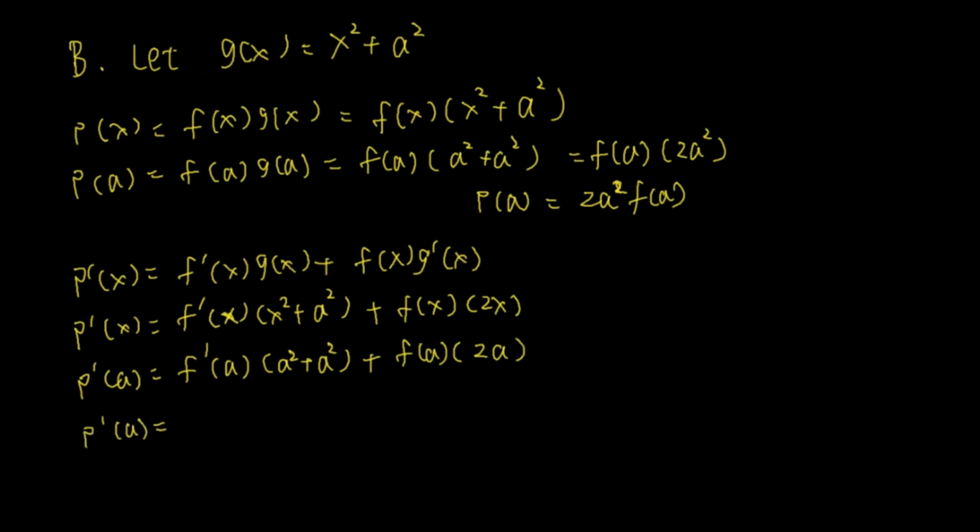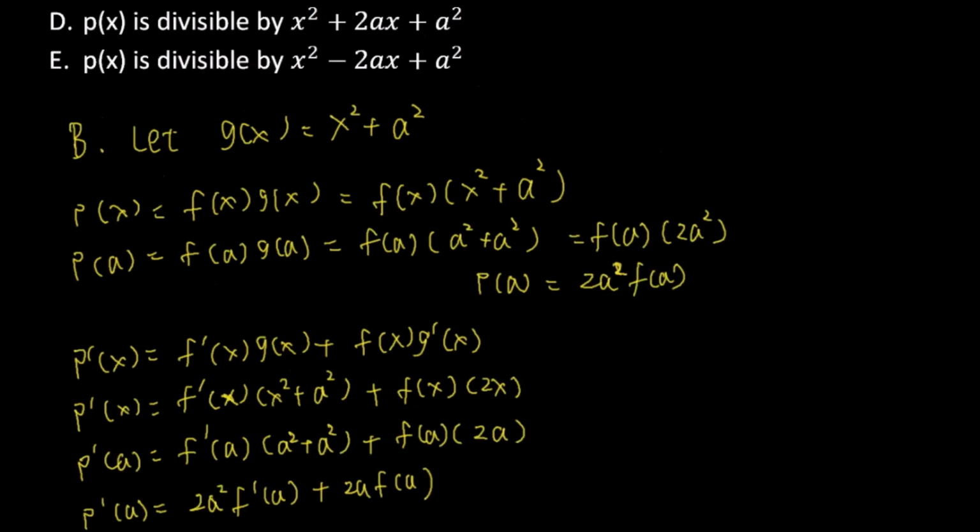P prime at A is equal to 2A squared times F prime at A plus 2A times F at A. We don't know what F at A is equal to. We cannot say it's equal to 0. We don't know what A is equal to, because the question did not say A is equal to 0. So unless A is equal to 0, then the whole thing is equal to 0. But the question did not say that, so we cannot say P at A equals 0. We cannot say P prime at A is equal to 0 either.